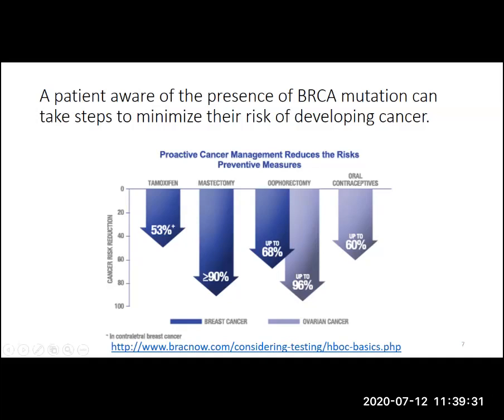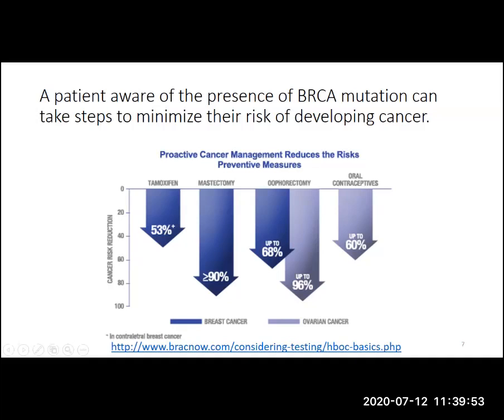So this is recognizing the risk and having a surgery to remove the tissue at risk, or remove the ovaries that were at risk for ovarian cancer with these mutations. We can also see that certain oral contraceptives, certain medications that a patient could be taking with this risk, are going to minimize it as well.